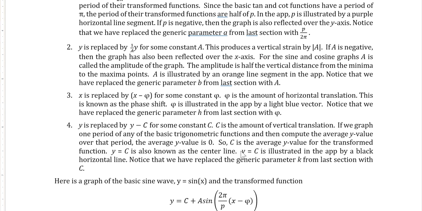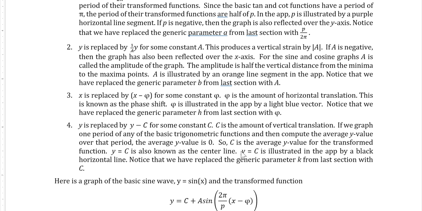The line y equals c is sometimes known as the center line for the function. Y equals c is of course a horizontal line that's graphed by a black horizontal line in the app. Last video we called it k for the amount of vertical shift.